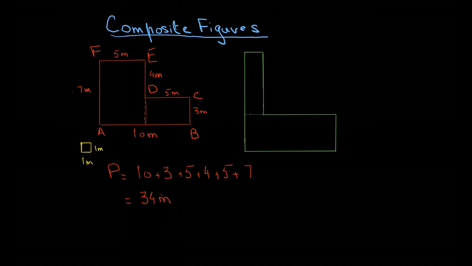Now if I want to find the area, this is not hard to find either. I have two rectangles, so I can find the area of each one of them, because remember, area is just the number of squares that fit in.